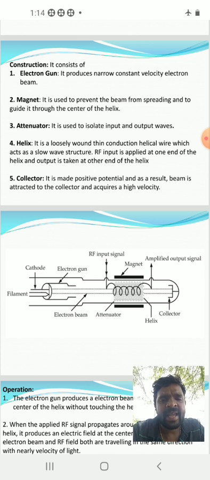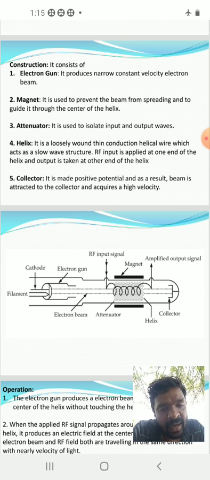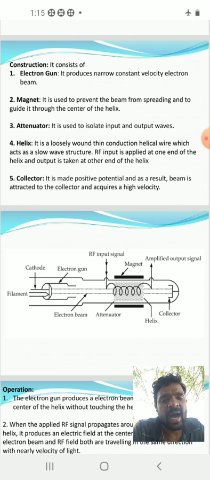The wire wound is called a helix. This wire wound acts as a wave structure, which means the RF energy input is taken from the helix input and the RF output is taken from the other end of the helix. In this way, the helix construction is made in the traveling wave tube.